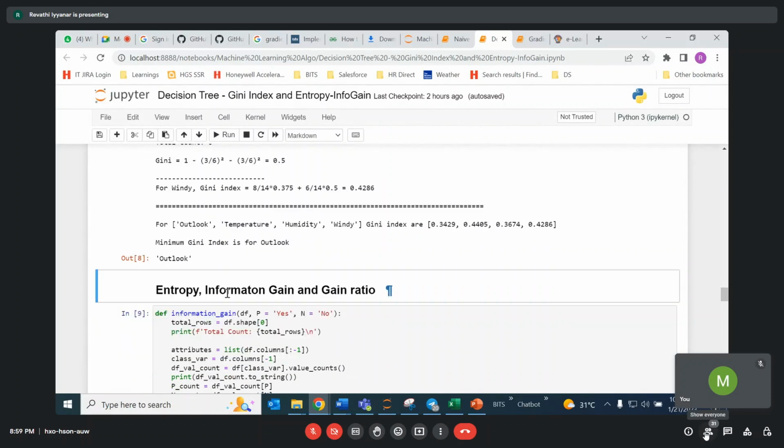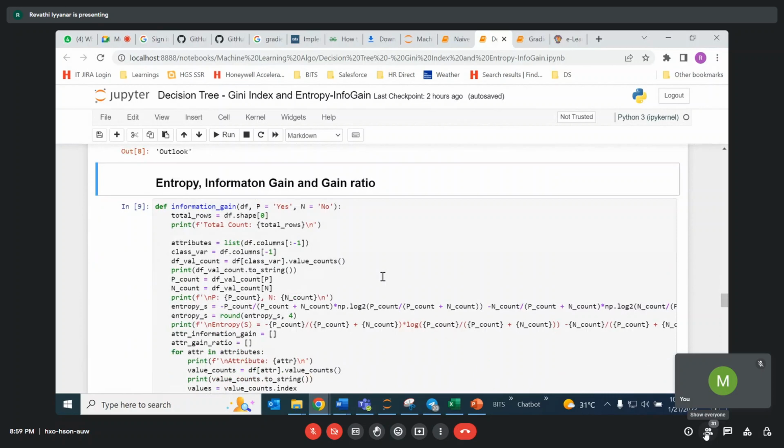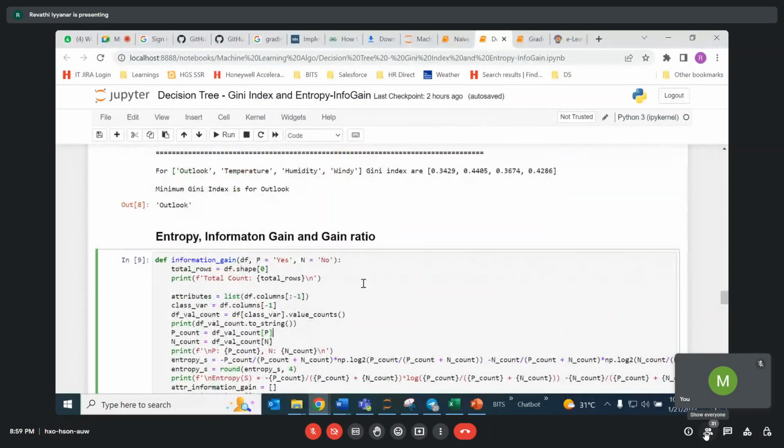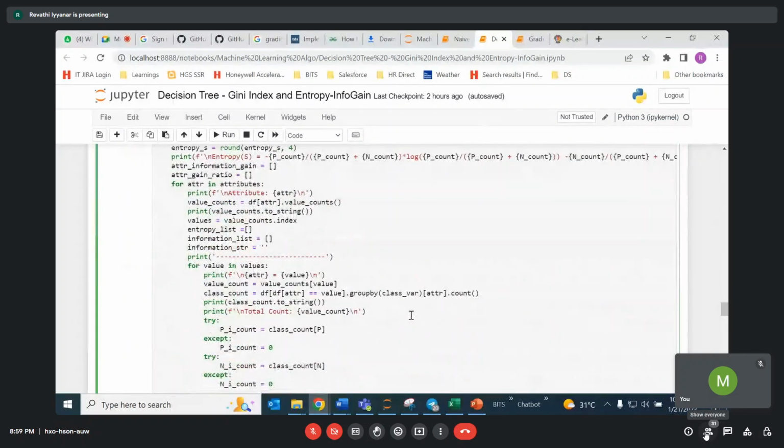So finding the minimum Gini index, and then entropy, information gain ratio.